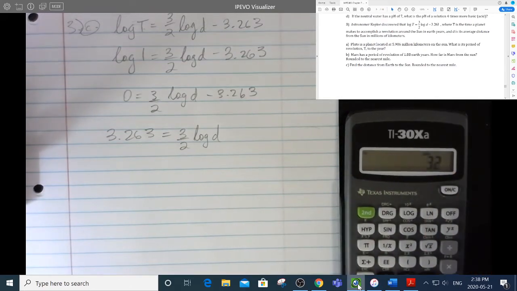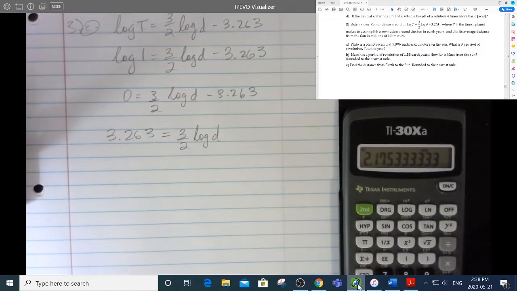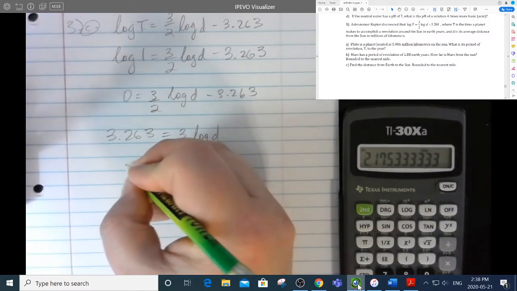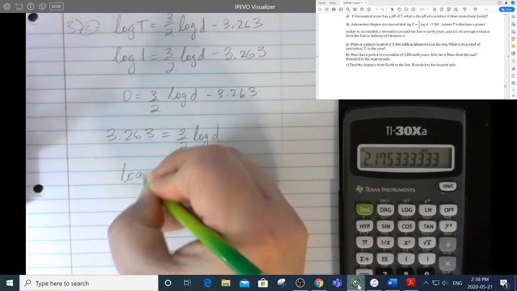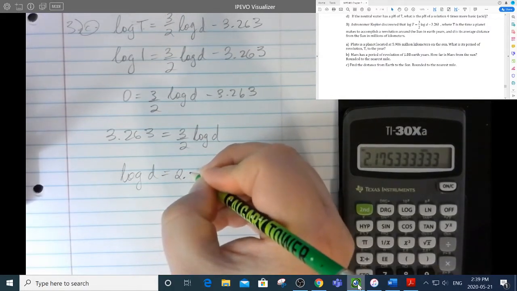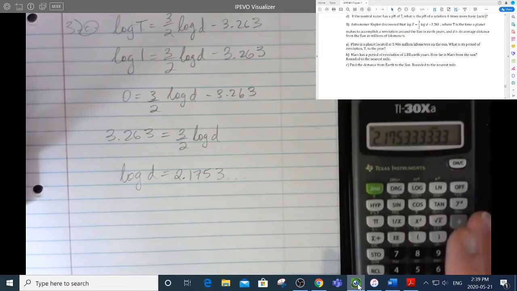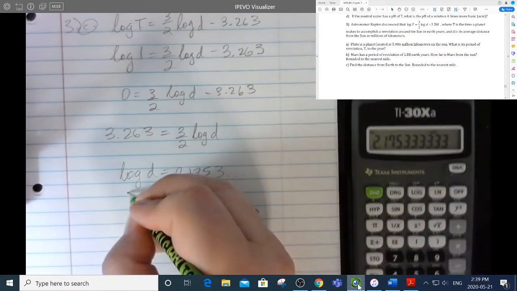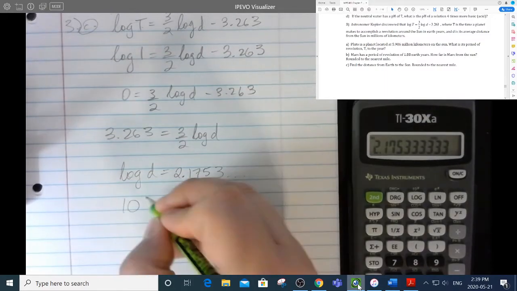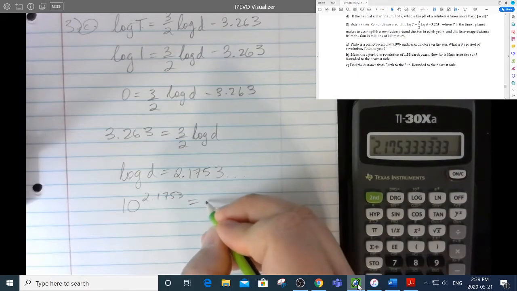So 3.263 times 2 divide 3 is 2.175 roughly. So the log of d is 2.175 and so on. And again, I want to change that to an exponential equation. So 10 to this power equals d.